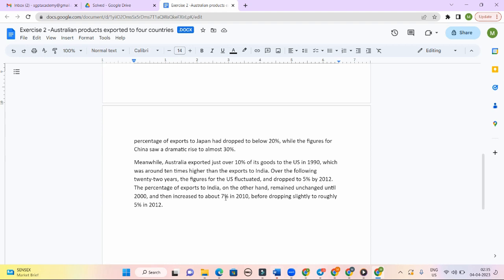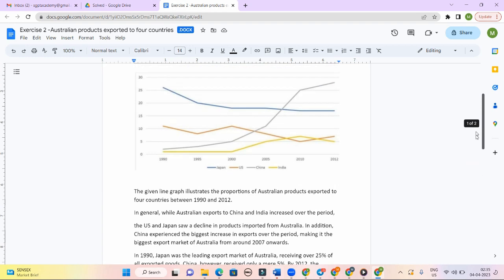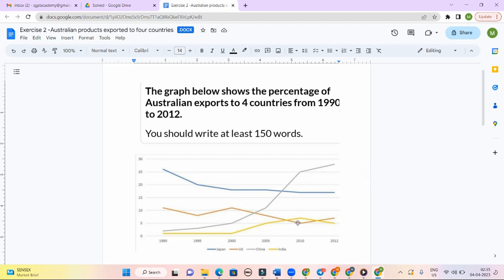The percentage of exports to India, on the other hand, remained unchanged until 2000 and then increased to about 7% in 2010 before dropping slightly to roughly 5% in 2012. So it's clear from here that for India it is around 7% and then dropped by 2012. So this is the depiction of all the four line graphs.